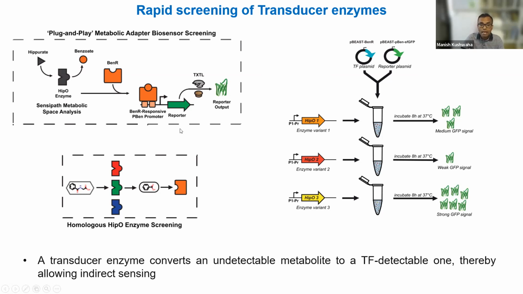So we already had in the lab a particular version of the HipO enzyme that converts hippurate to benzoate. And we wanted to test whether other variants of this enzyme may be better.